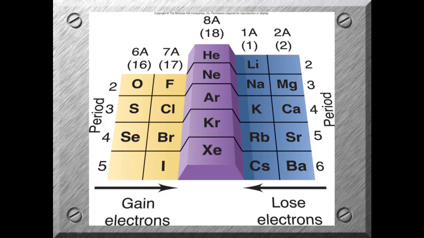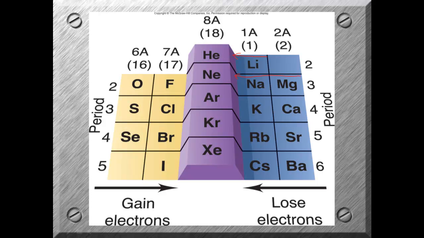Here on this picture, we've taken the periodic table and we've wrapped it around. So we've taken the left side and wrapped it around to meet up with the noble gases. Lithium over here, when it loses an electron, its electron configuration moves towards helium's. In the third period, magnesium and sodium will lose electrons to become the neon electron configuration.